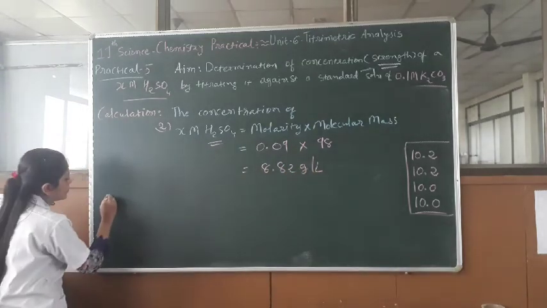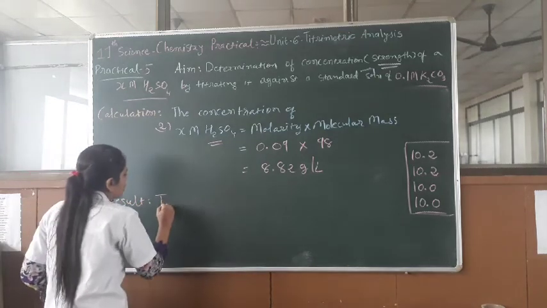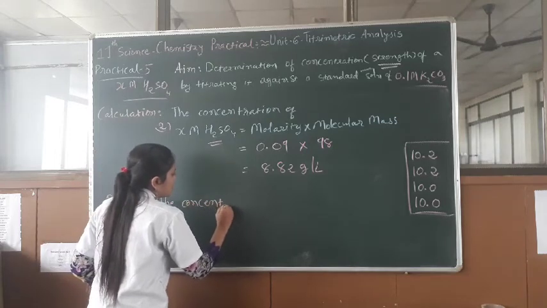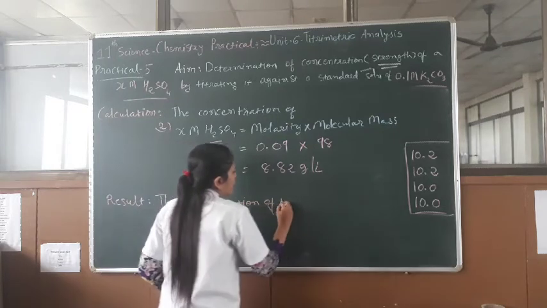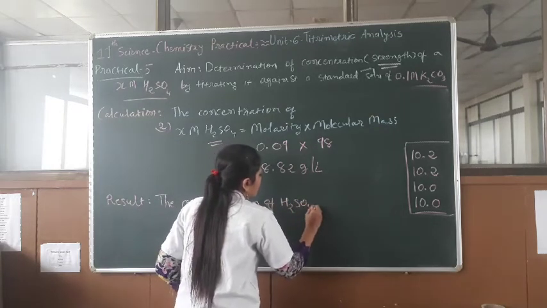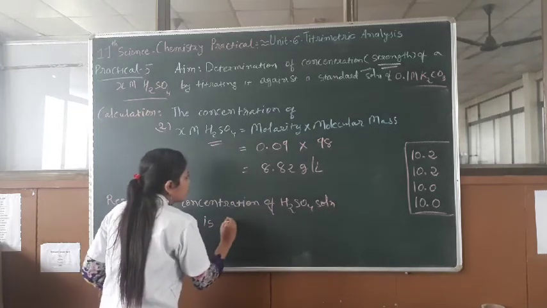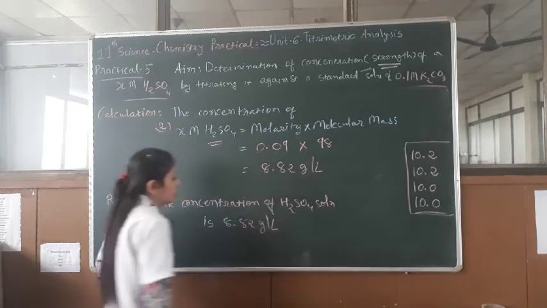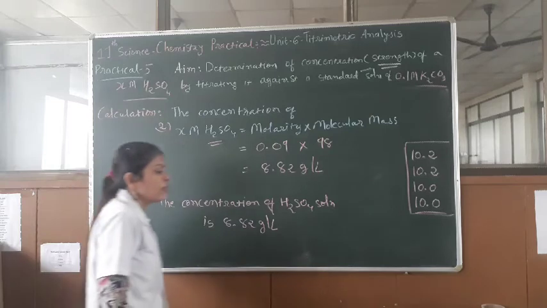Last result: the concentration of the H2SO4 solution is 8.82 gram per liter. So here we have completed practical number 5.